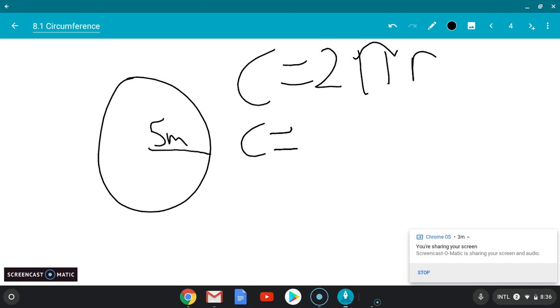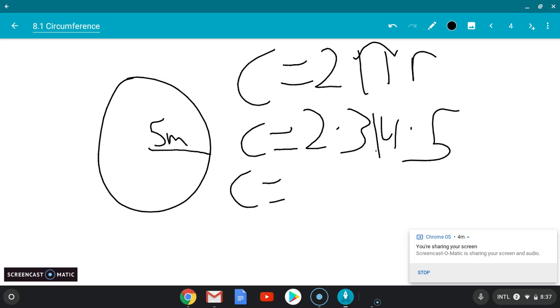So I'm going to plug in 2, and pi is, we're going to use 3.14, right? Oops, forgot my 1, times my radius, which is 5. So that looks a little sloppy, but that's 2 times 3.14 times 5. And I'm going to get a circumference of 31.4 meters. Don't want to forget your units.